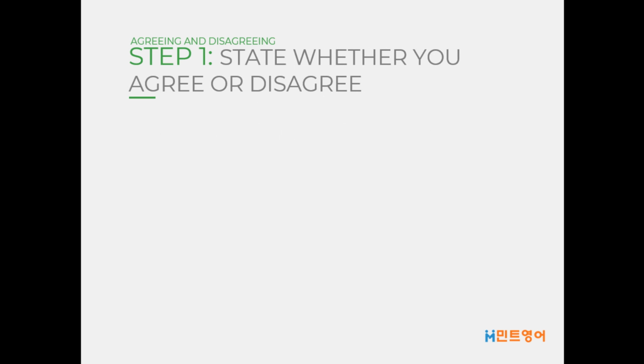Agree-disagree questions are usually given in a yes-no question type of question. So your first task is to say either yes or no, and then use an agreement or disagreement expression.